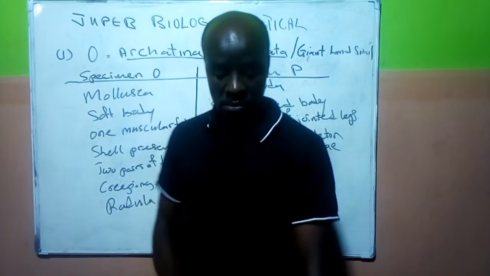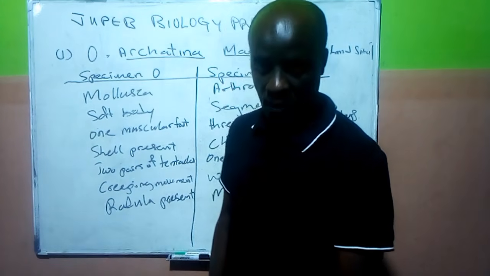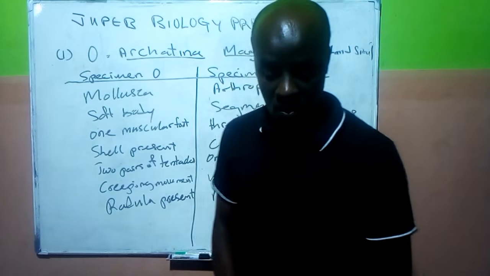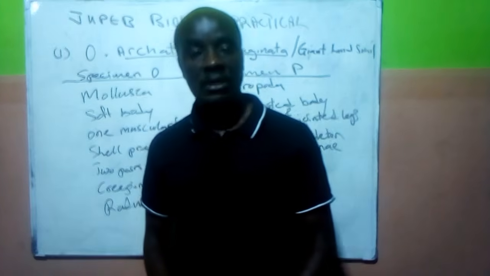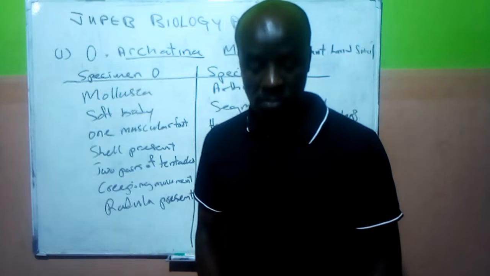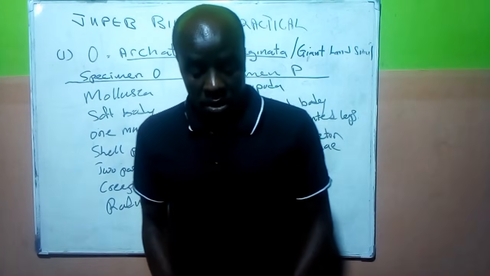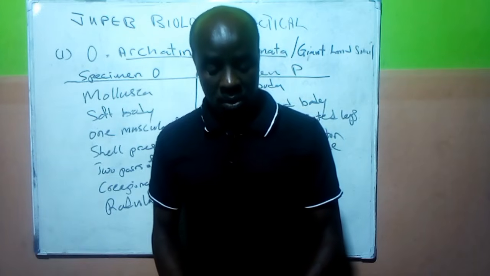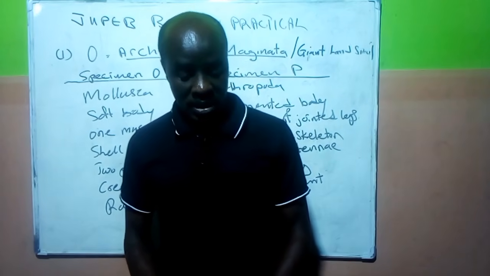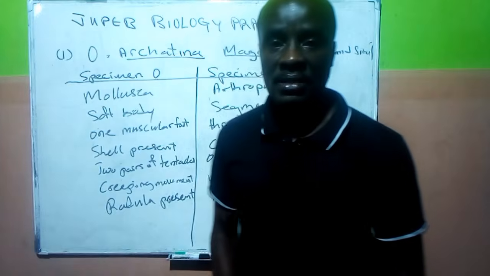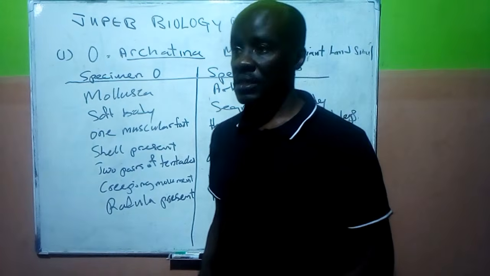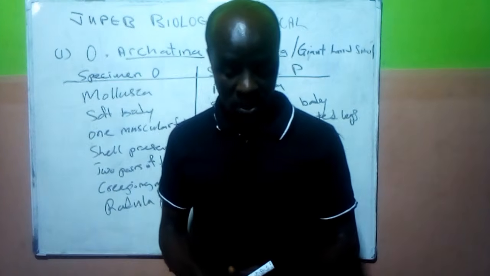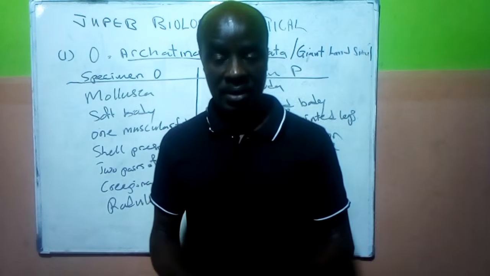The next one we'll be looking at is a fruit of pride of Barbados, which we label specimen R. This one is under the class of fruit that we know as dry dehiscent fruits. Dry dehiscent fruits are always dry, and they can also crack.